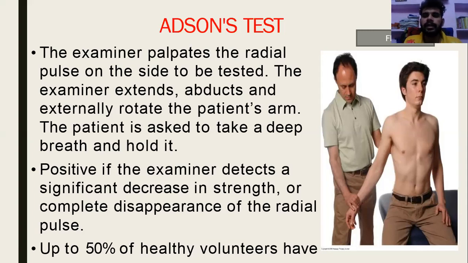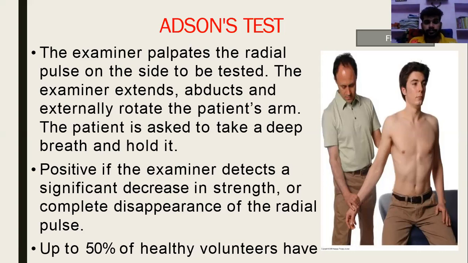In this, we ask the patient to be in a sitting position and the physiotherapist palpates the radial pulse. They will go with external rotation. The patient is asked to take a deep breath and hold it.